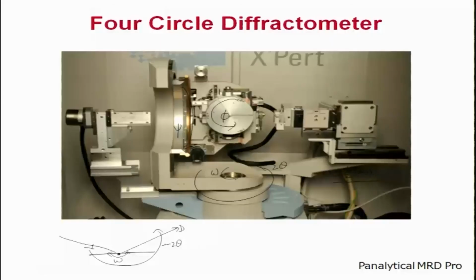If you look at the sample from the top, the sample rotates, this is phi. And psi would be, if you look at the sample from the other direction, and I tilt it around this axis, then it is psi. These are the 4 angles of rotation that you might have in a diffractometer.